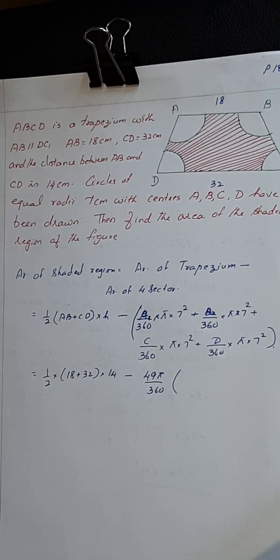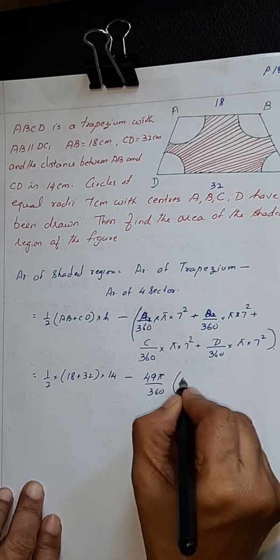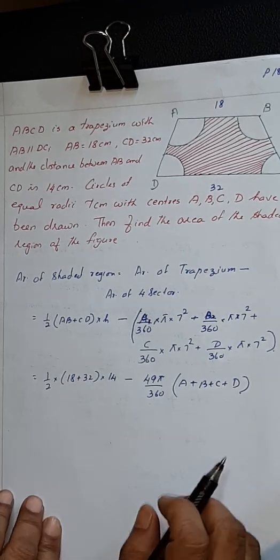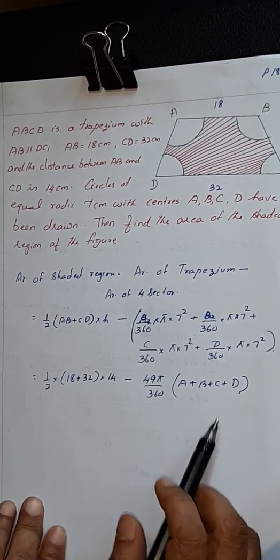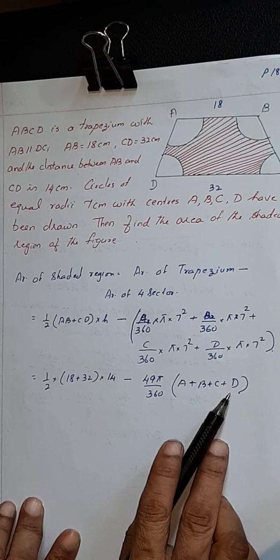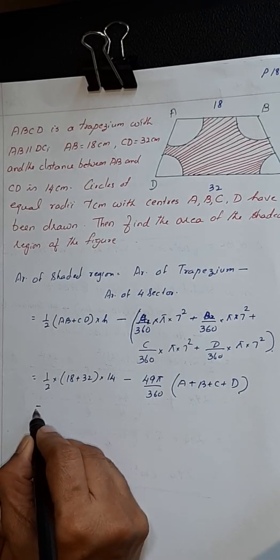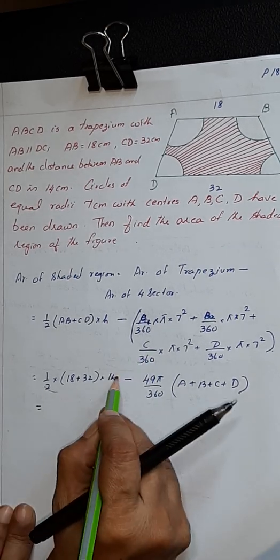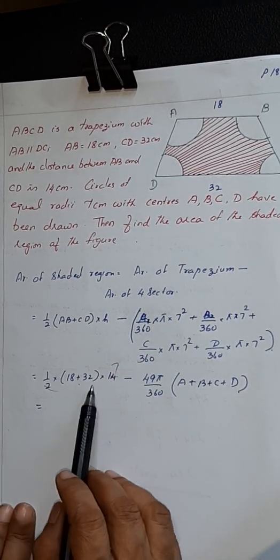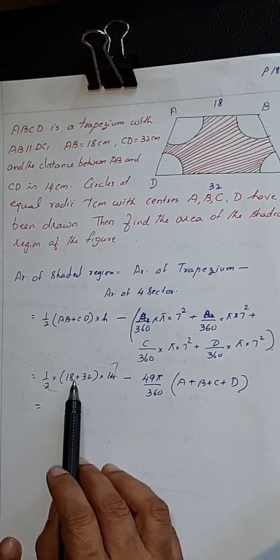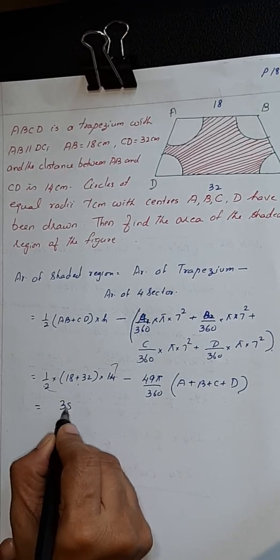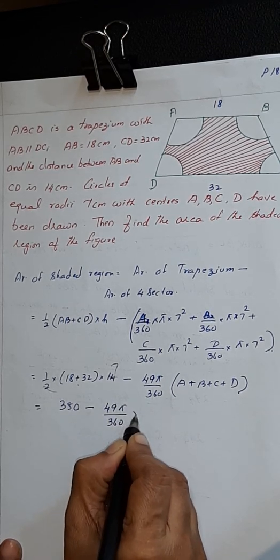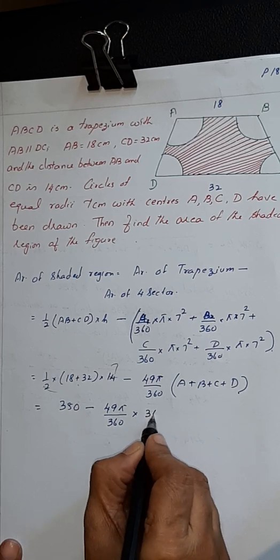into A plus B plus C plus D. We know the sum of all the angles in a quadrilateral or a trapezium, anything, is 360. So this will be 50 into 7 is 350 minus 49 pi by 360 into 360.